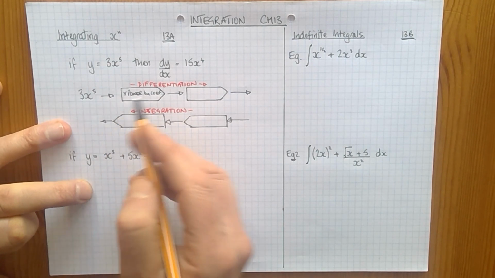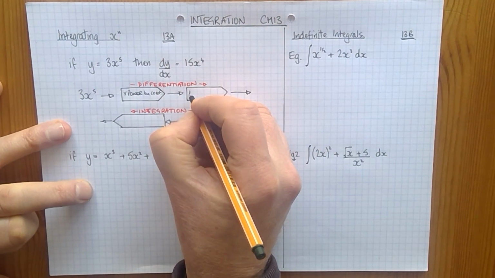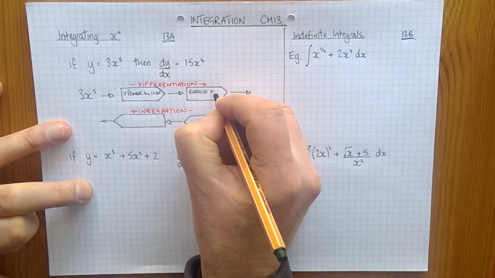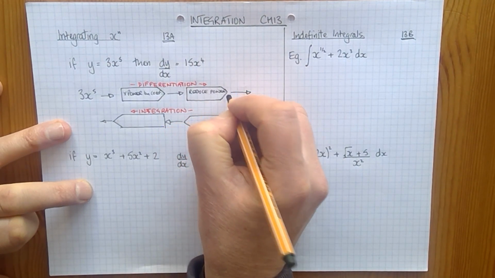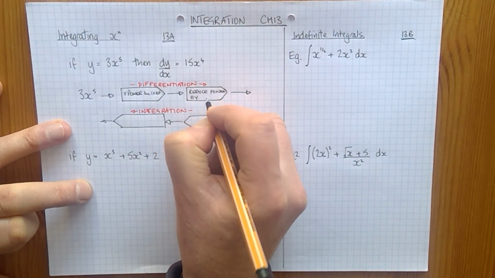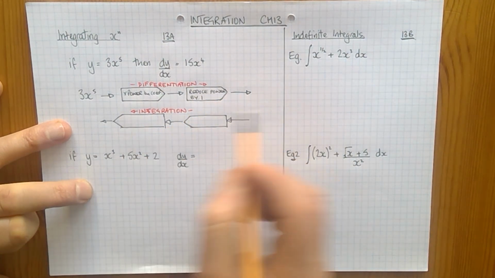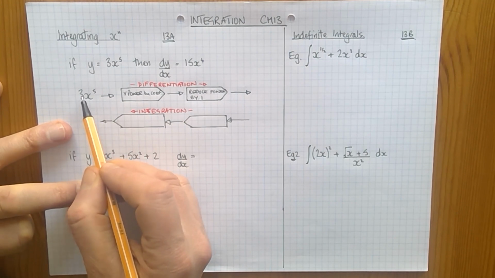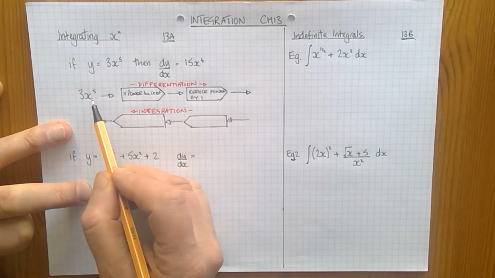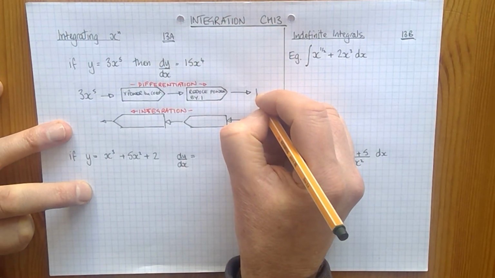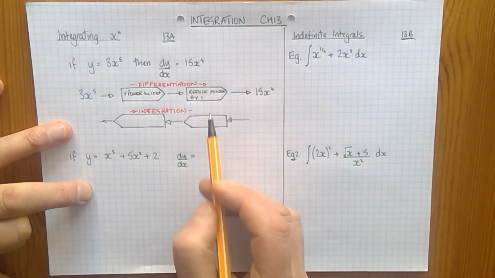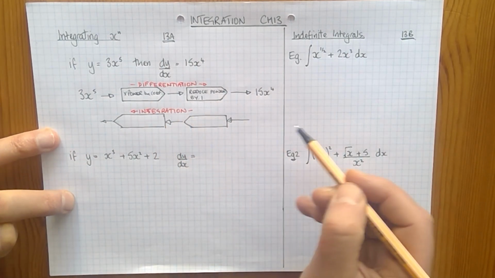And then we're reducing the power by 1. So that's the process. So we multiply the power by the coefficient, that's 15, reduce the power by 1, x to the power 4. So that's how I get the 15x to the power 4. That's differentiation. Okay, let's follow these procedures but go backwards.